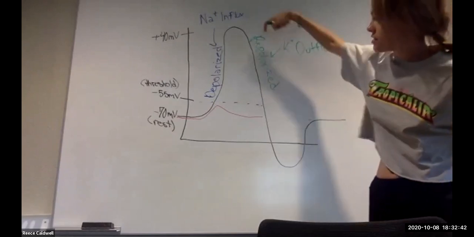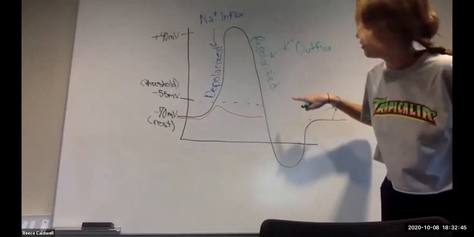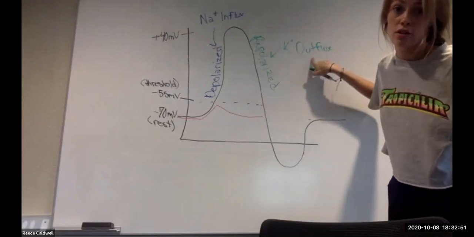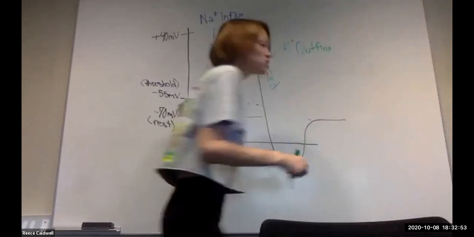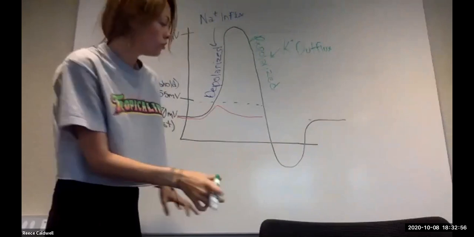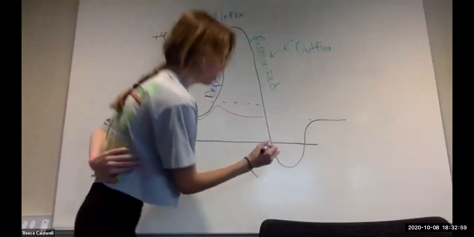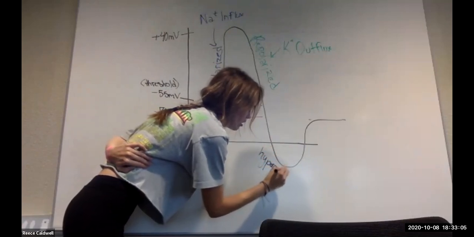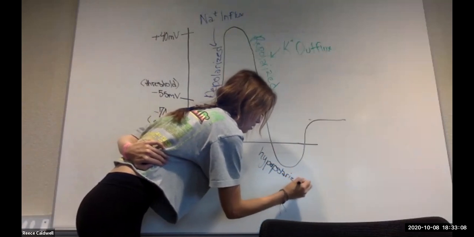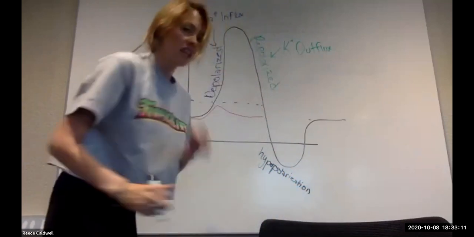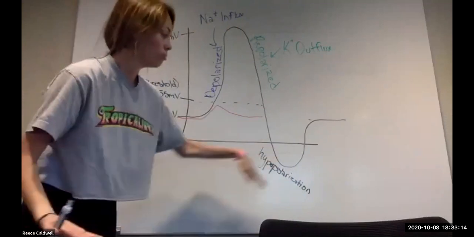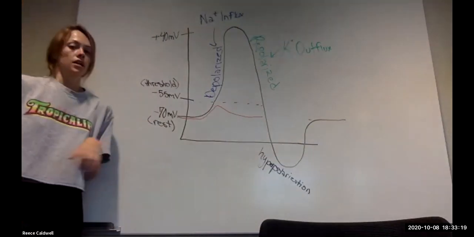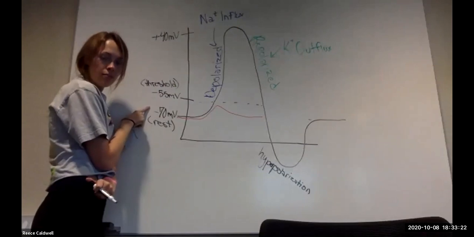And this will bring the cell's voltage more negative. So it's negative again. Repolarization, potassium outflux. Sometimes the potassium doesn't stop flowing out, and we go into this phase called hyperpolarization. And this is when the potassium keeps kind of flowing out of the cell, but it'll go back to rest eventually.